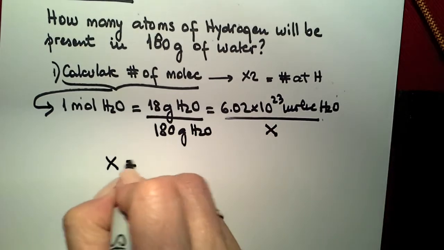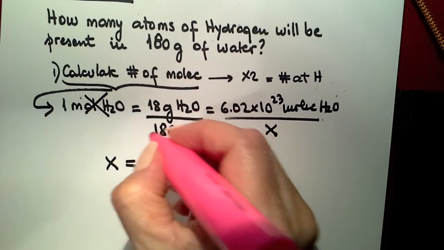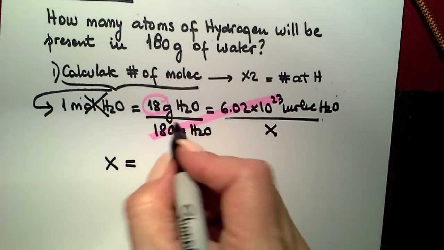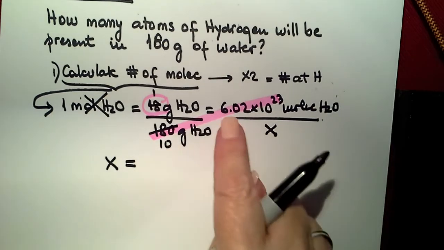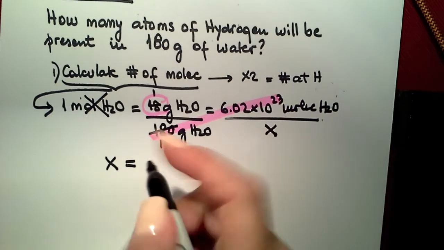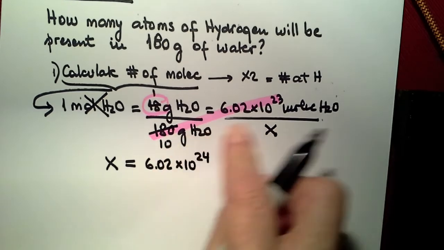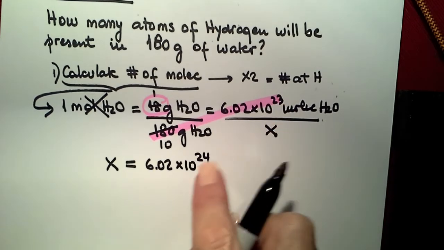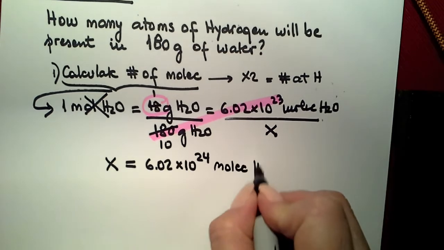So my x, again, I don't use this one. I'm going to multiply these two and divide by this, which is the same as multiplying 6.02 times 10 to the 23rd times 10, because this one is 10 times this one. So it's 6.02 times 10 to the 24, because 10 to the first multiplying 10 to the 23rd gives 10 to the 24th molecules of water.